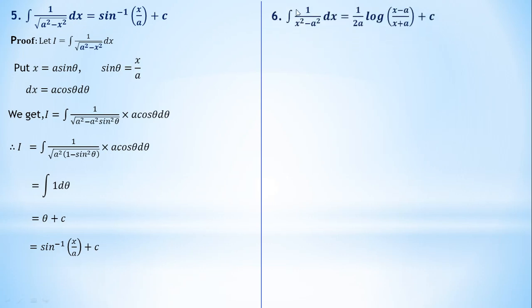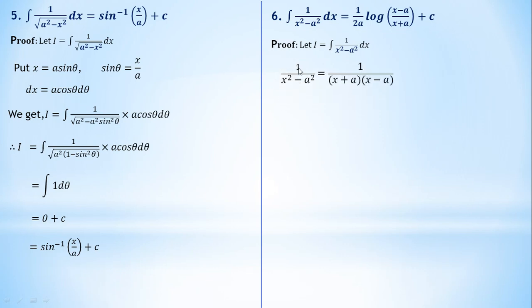Now see here, integration 1 upon x square minus a square dx is equal to 1 upon 2a log of x minus a upon x plus a plus constant. Now to get the proof of this result, algebraically we will adjust the term 1 upon x square minus a square. Now see how you will solve this algebraically.